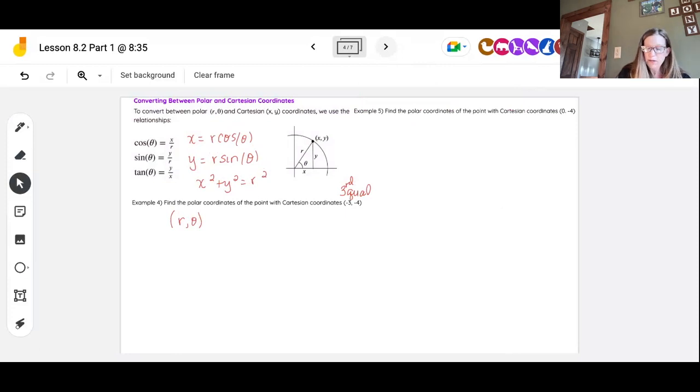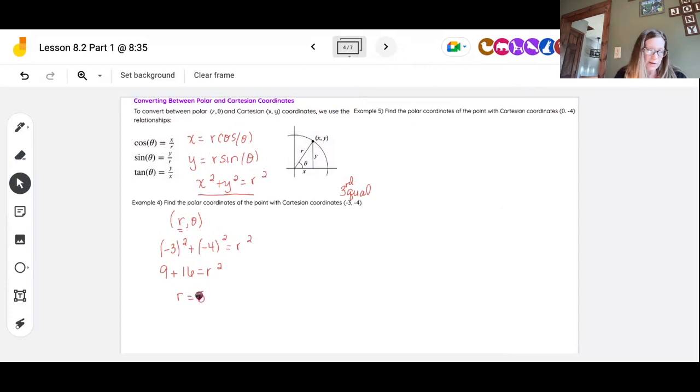But I do know that I can find my r value by using the Pythagorean theorem. So in this case, we'll have negative 3 squared plus negative 4 squared equal to r squared, what we're trying to find. 9 plus 16 is r squared. So therefore, r has to be 5.